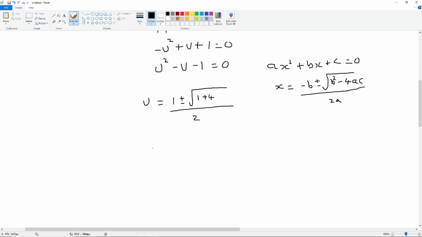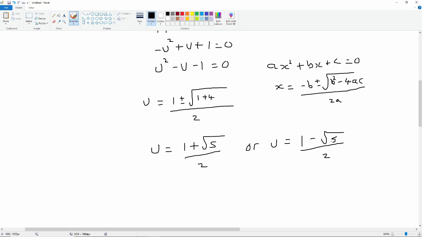And so what we have here is u equals 1 plus the square root of 5 over 2, or u equals 1 minus the square root of 5 over 2.